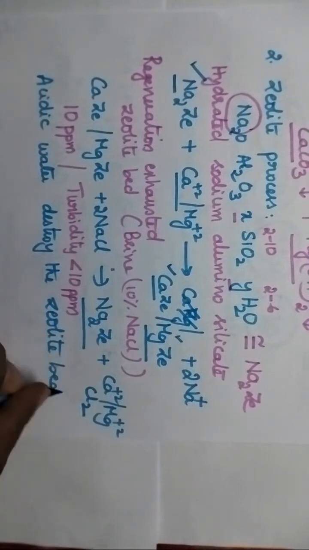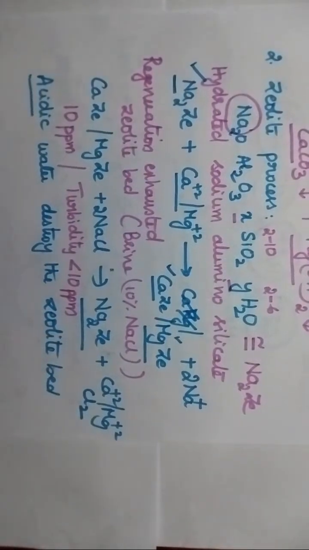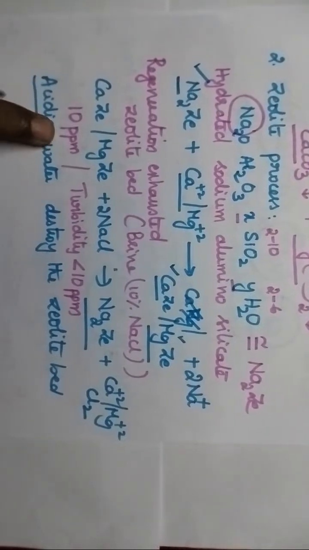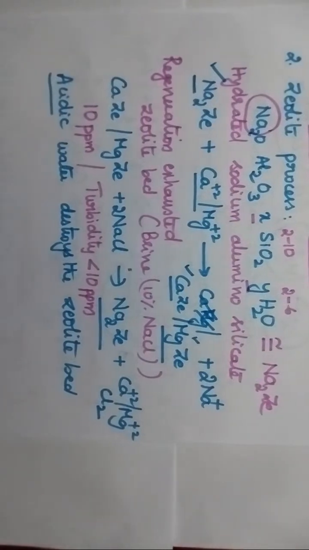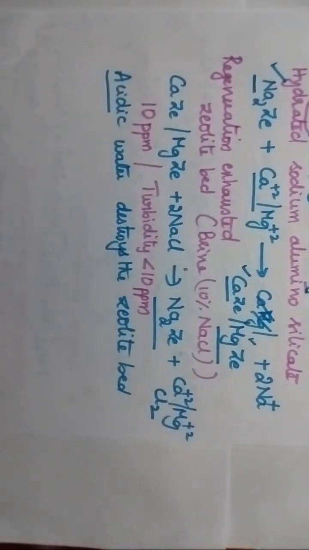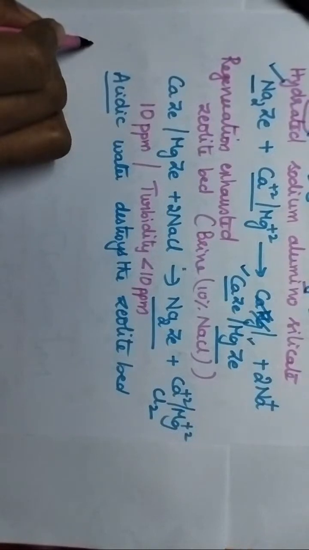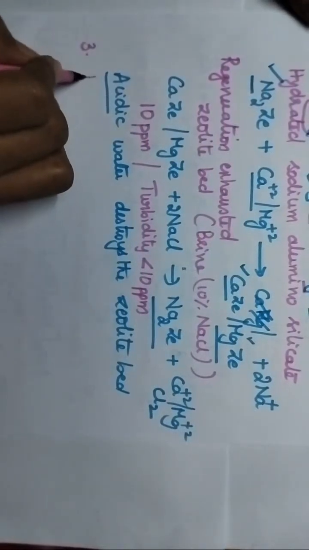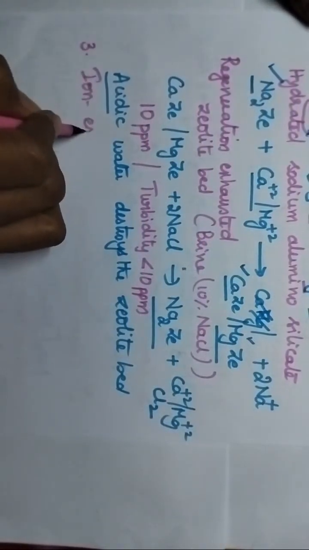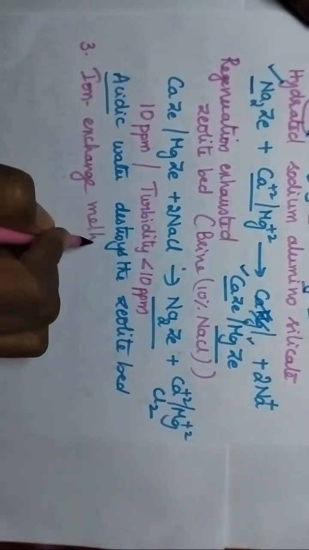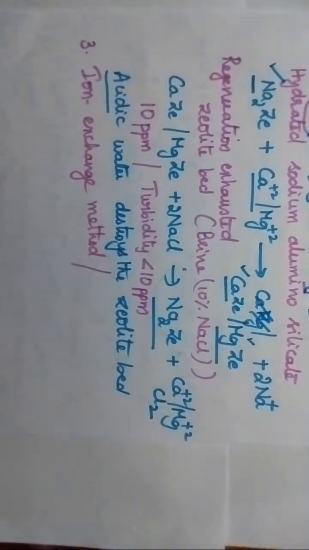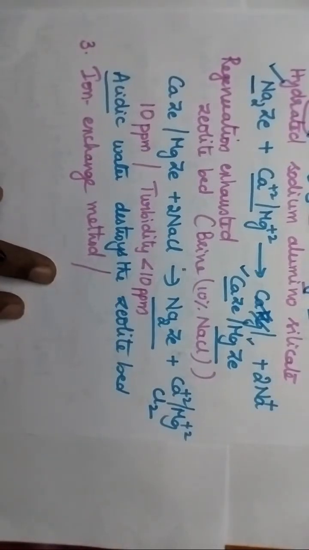So always water should be examined in order to know the nature of the water. If acidic water is used, it destroys the zeolite bed. Next, moving to the third method, that is called the ion exchange method. This is the best method for the removal of permanent hardness.